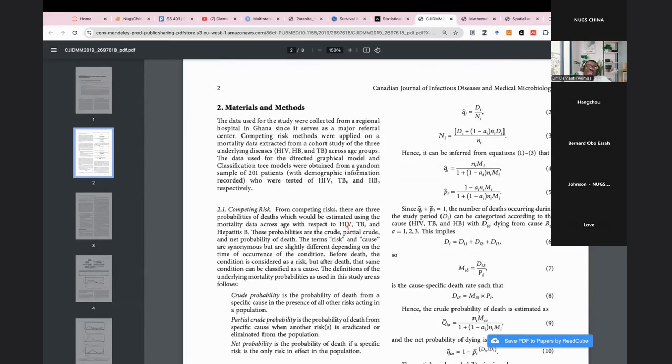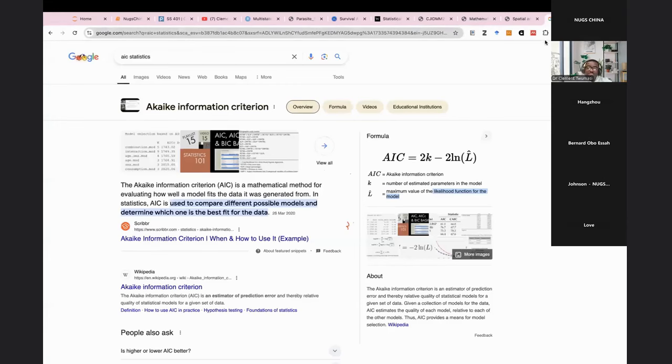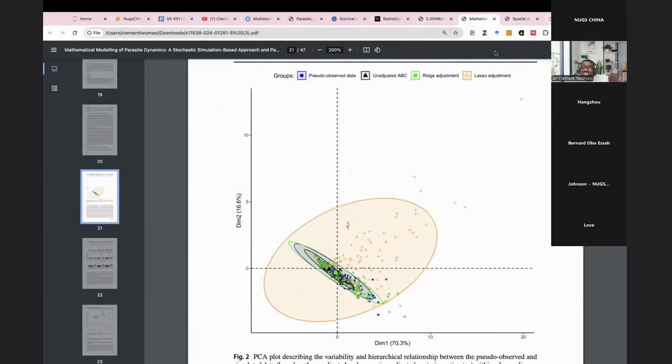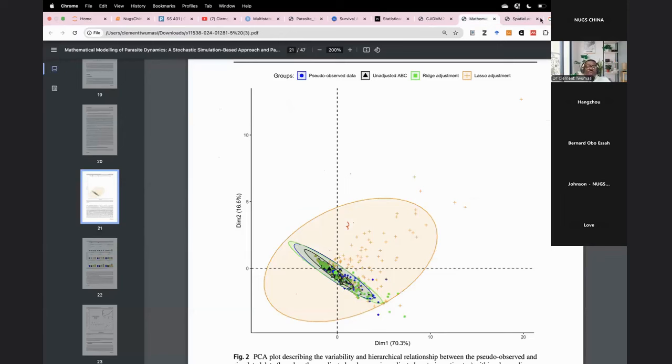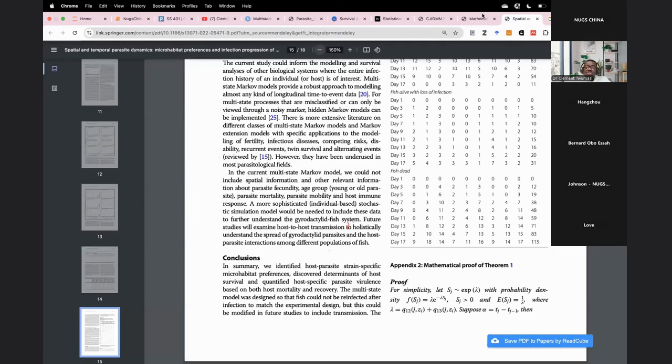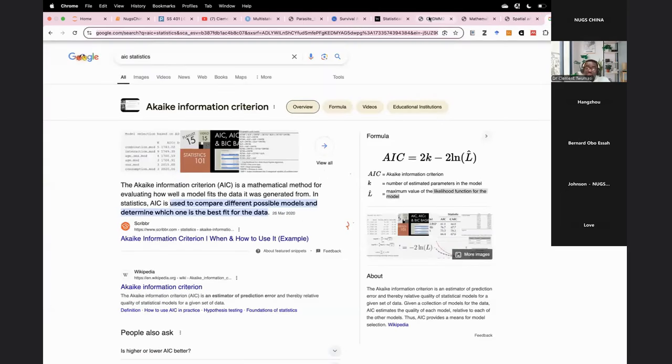The work was an MPhil, but was done like a PhD, such that when you go to Google Scholar and type the topic, Markov chain modeling of HIV, tuberculosis, hepatitis B, it's treated as if it was a PhD work.